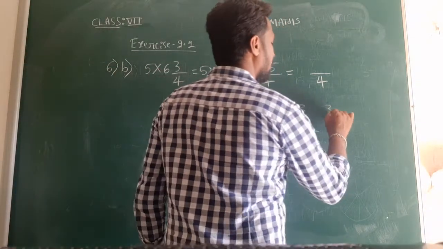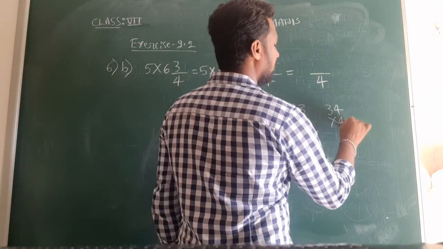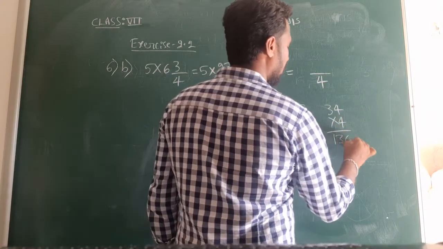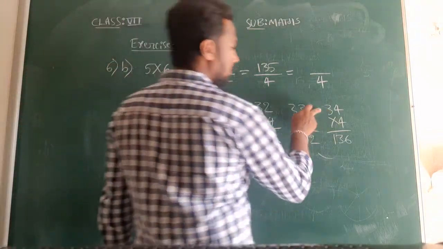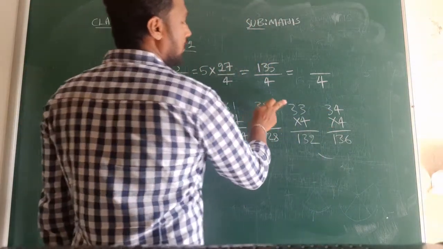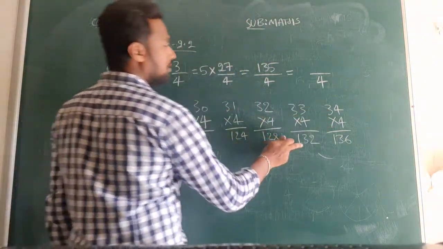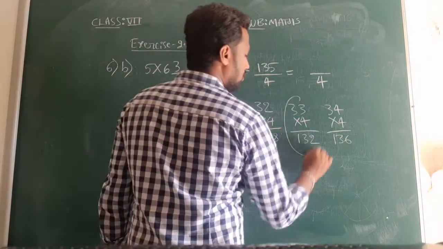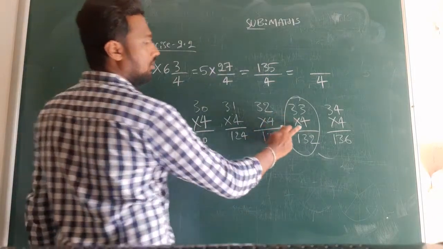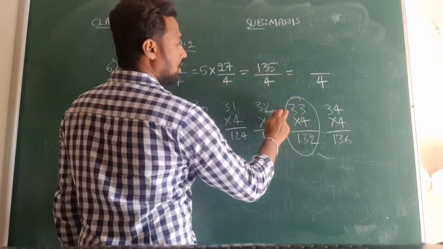Let us check with 34. So 34 into 4 means we will get 136, which is greater than 135, so we cannot consider 34 into 4. We will consider 33 into 4, that is 132, which is very near to 135. Here we have already written 4 and 33.